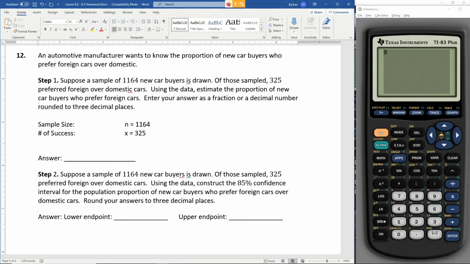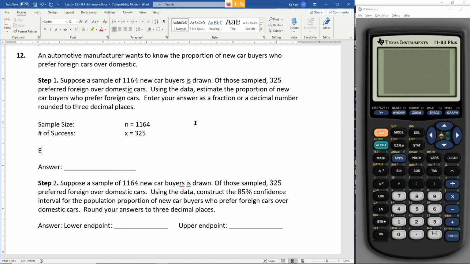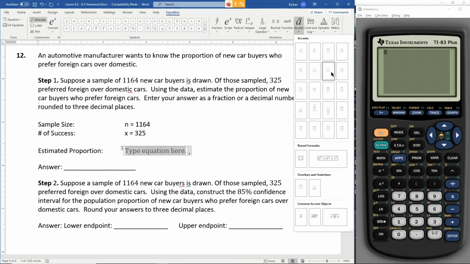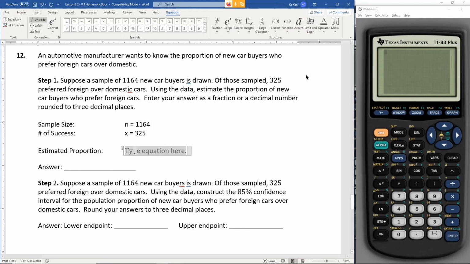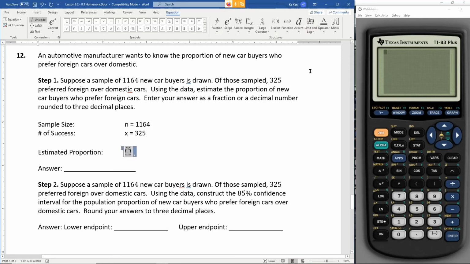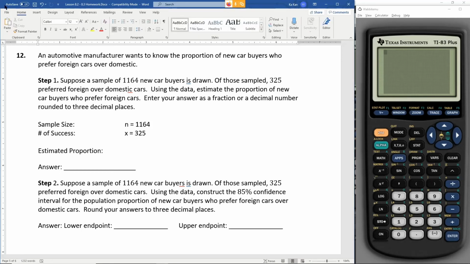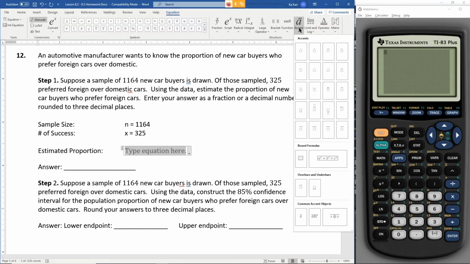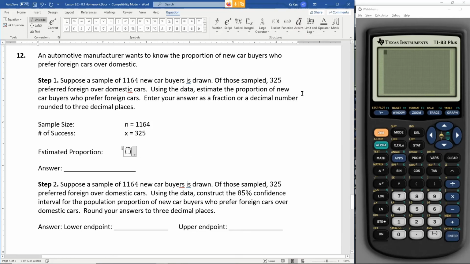The first part is actually pretty easy: the estimated proportion. I used to call it p with a little line on top, a squiggly line.